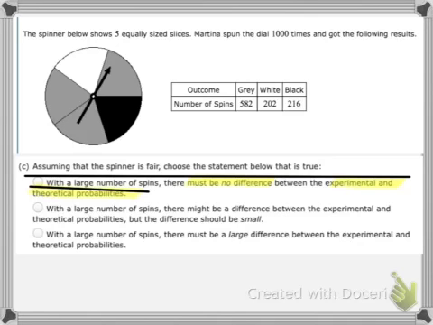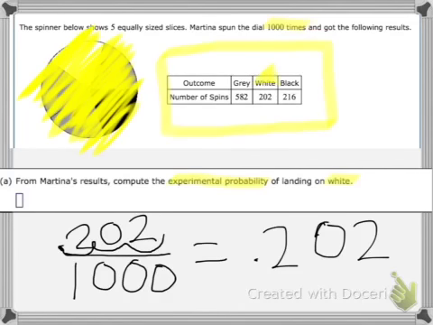On the second one, it says with a large number of spins, there might be a difference between the experimental and theoretical probability, but the difference should be small. Let's go back and check. Experimental is 0.202.